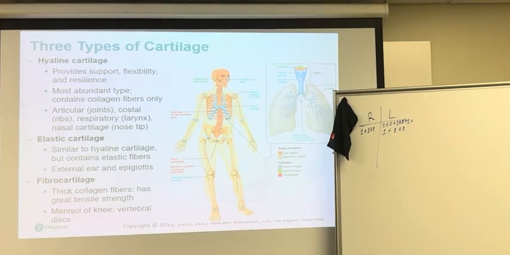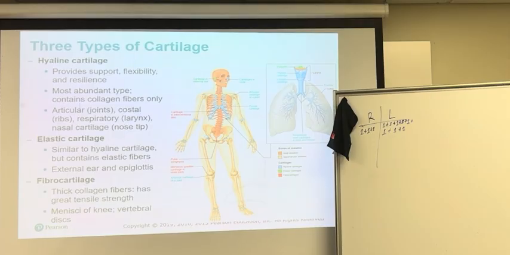When we say hyaline cartilage, what is its function? It provides support, flexibility and resilience, and is the most abundant type. Hyaline cartilage you find most in the articular joints, costal ribs, respiratory and nasal cartilage, right? What about the elastic cartilage?